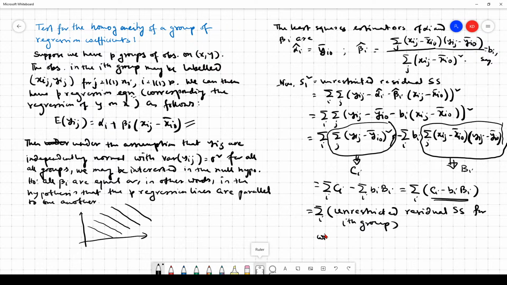So the degrees of freedom for the unrestricted residual for the ith group is ni minus 2. So the total degrees of freedom for S1, the unrestricted residual SS, is sum over i from 1 to p of (ni minus 2), which is equal to n minus 2p.